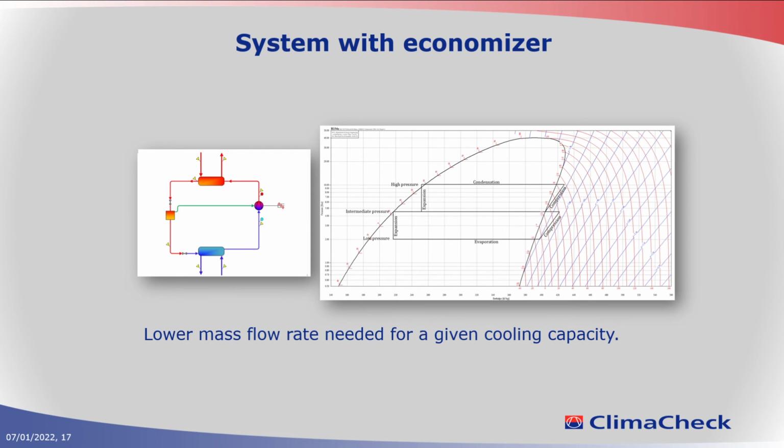This is a type of open economizer. Now we are moving into the type of system that has more than two pressure levels. So as you can see, you have three different pressure levels. We start up here. You have the condensing, of course. You have the condenser here.